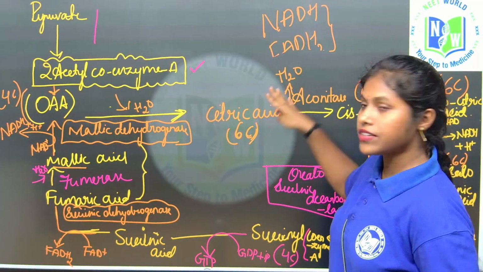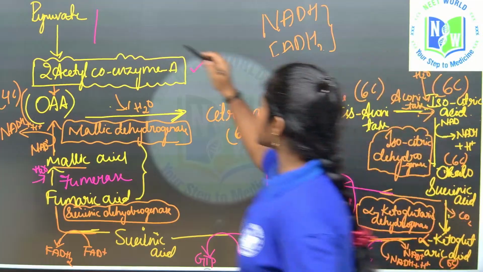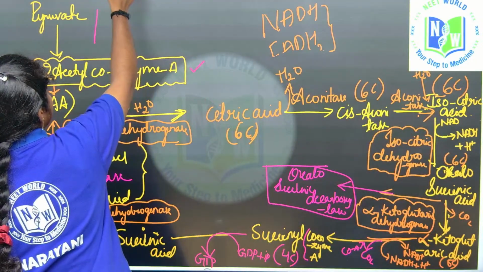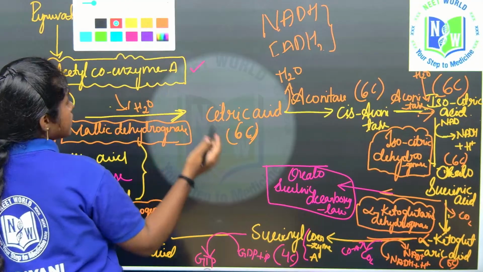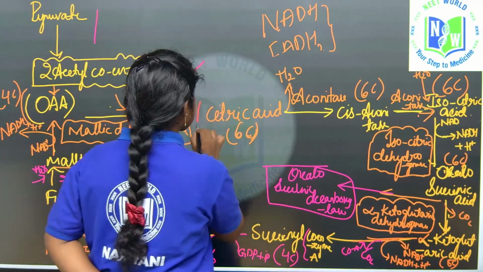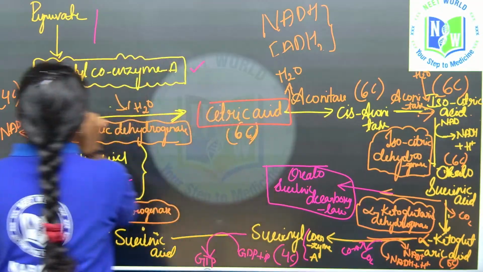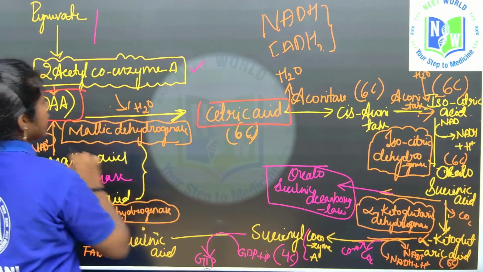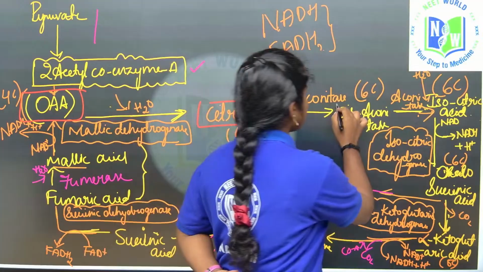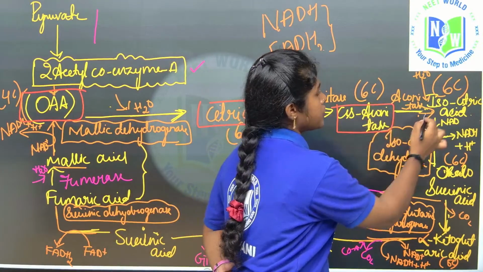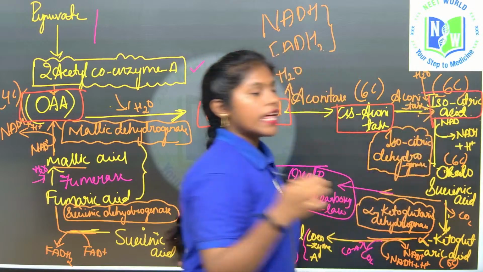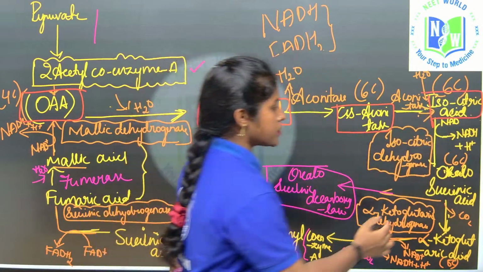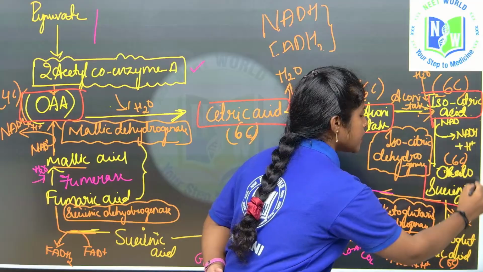Then citric acid is converted into cis-aconitic acid, right? Then this cis-aconitic acid forms the isocitric acid. This isocitric acid forms the oxalosuccinic acid.